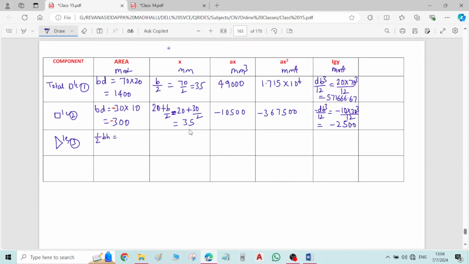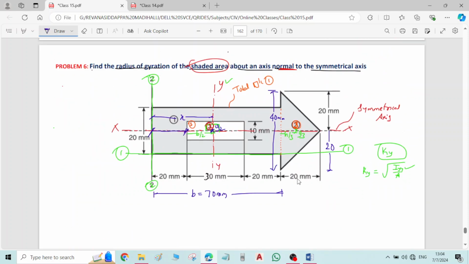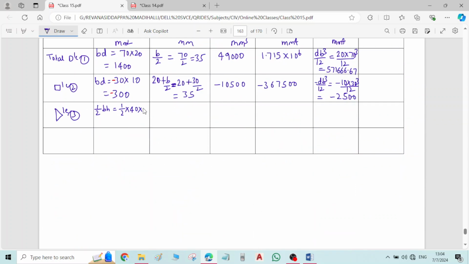Therefore, half into 40 into the height of the triangle, given as 20, is 400 mm square.